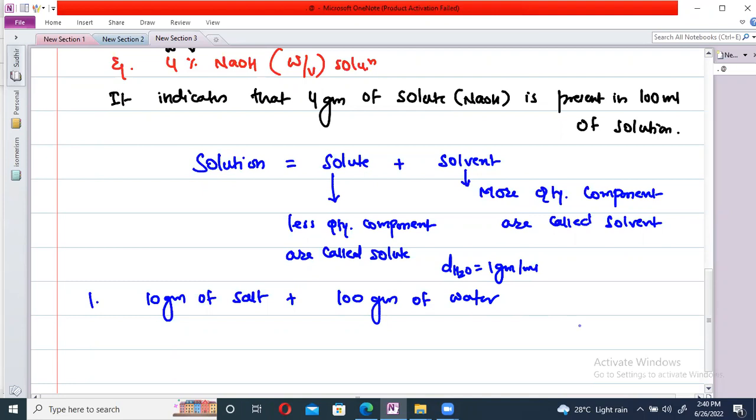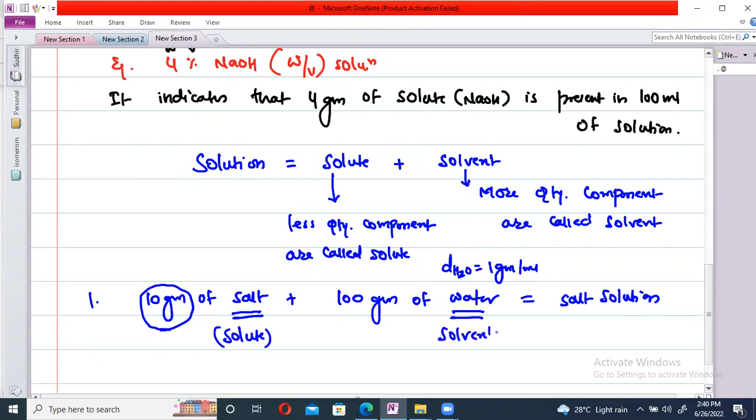So 10 gram of salt dissolved in 100 gram of water gives a solution called a salt solution. One component is salt, another component is water. Which component is in less quantity? Salt is present in less quantity. That means salt is the solute and water is what, beta? Solvent. And as we learned, when the solute combines with a solvent, it gives rise to a solution.